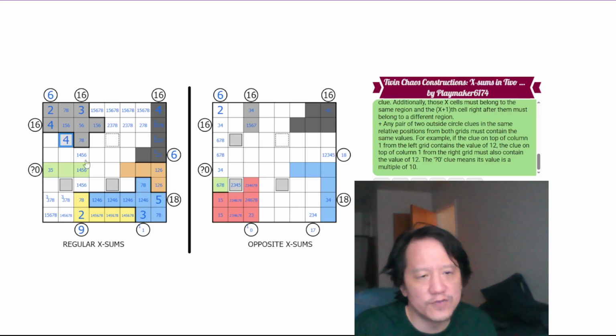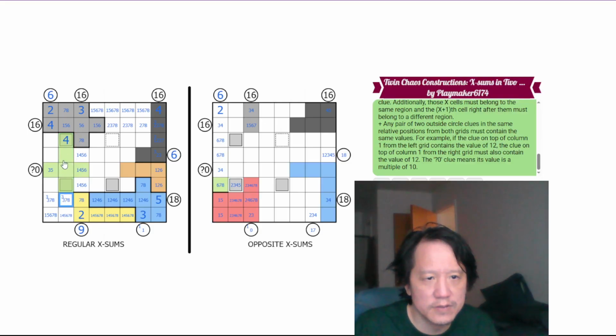So if this is 4, that means it sees 4 that way. Then this is boundary. This can't be 5 because then this doesn't have a region. So these are part of that region. So we have green. Otherwise, this is 3. So then this is full as a region.